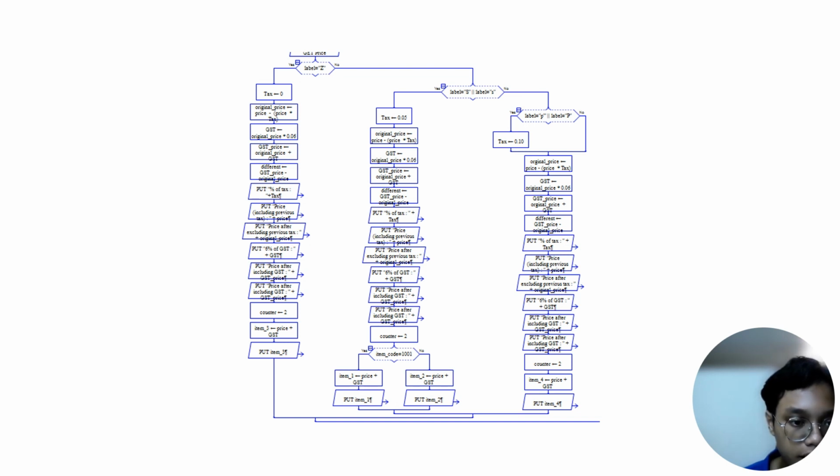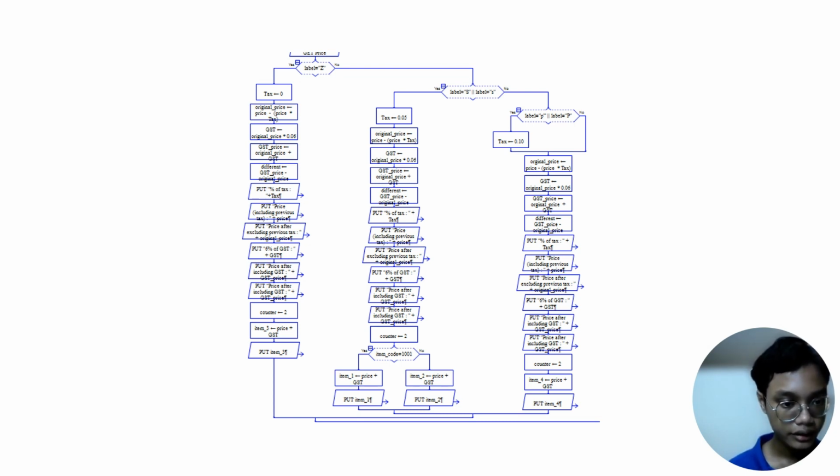Then the amount of GST implemented, the original price times the GST rate 6%, then the GST price, which is the original price plus the amount of GST implemented, then the difference between original price and GST price. Then it will display all of the calculation that has already been done.